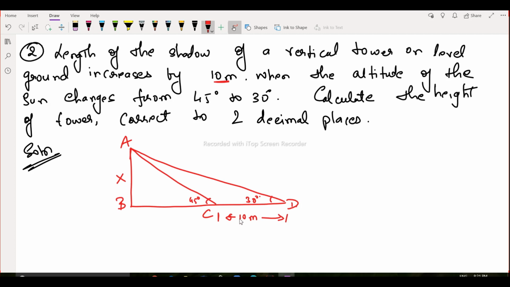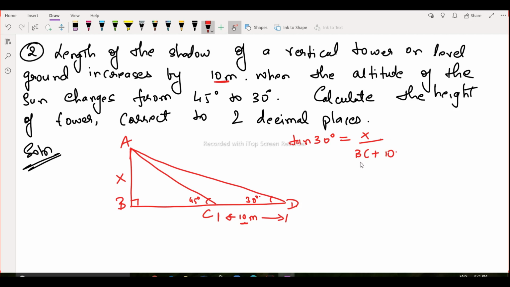Since we need to use this 10 first, I'll first use tan of 30, and let's see what we get. So tan of 30, you take the bigger triangle ABD, so this is 90, so in triangle ABD, tan 30 is x upon BC plus CD, which is 10.